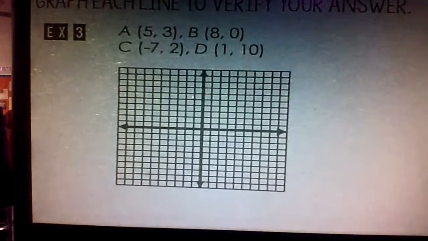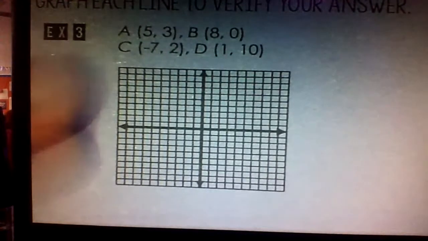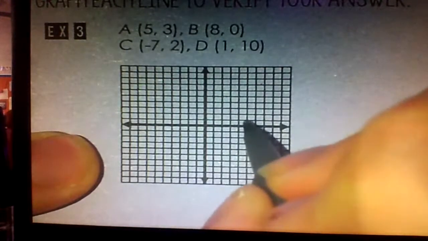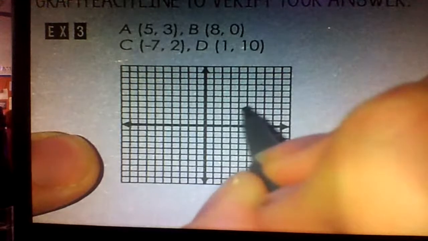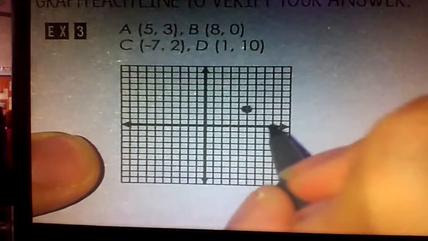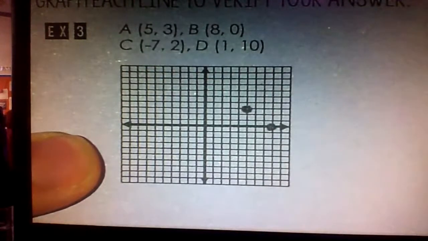Okay, example 3. A starts at 5, 3, and I'm trying to get to 8, 0.